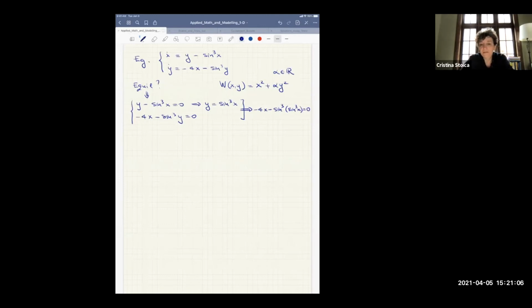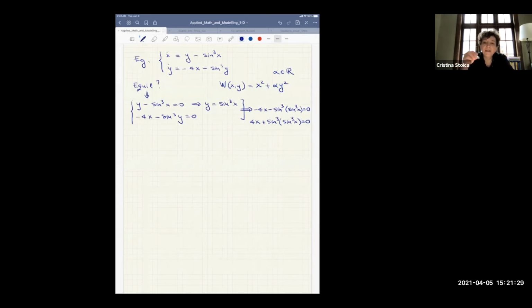Isn't that weird? Sine of sine. So even if I write it with plus, it's still weird: 4x plus sine 3 sine 3x equals 0. So my first guess would be that whoever set up the problem made a typo. Let's assume it's not a typo. So what do we do?